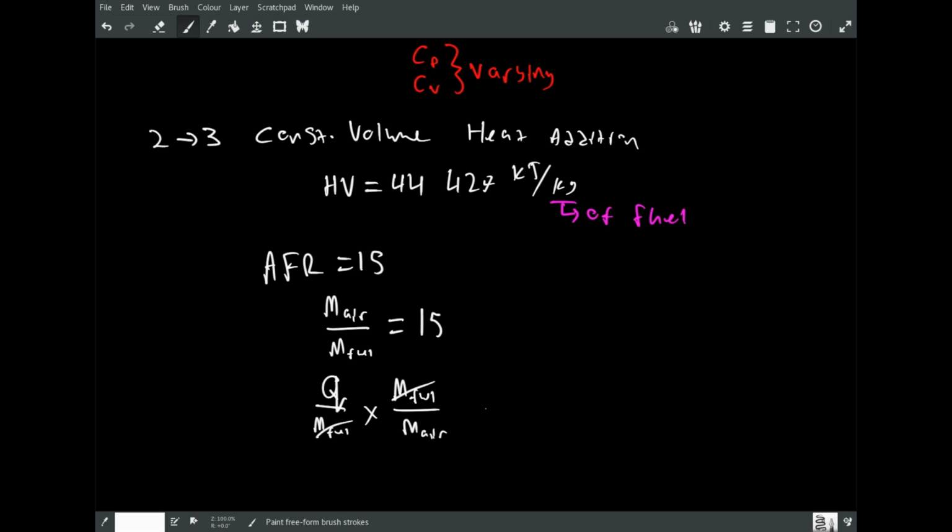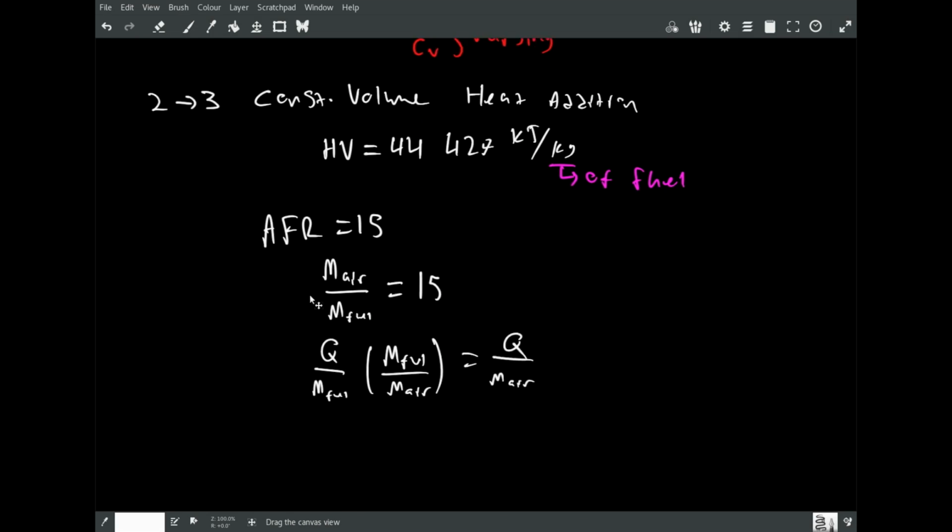These two fuels cancel out and we get Q over m air. And that's what we want for our equation. Actually, now that I think about this, that should be a capital Q. Let me make that a capital. And that's compatible with the system that we've already specified. We're doing this all in terms of air.